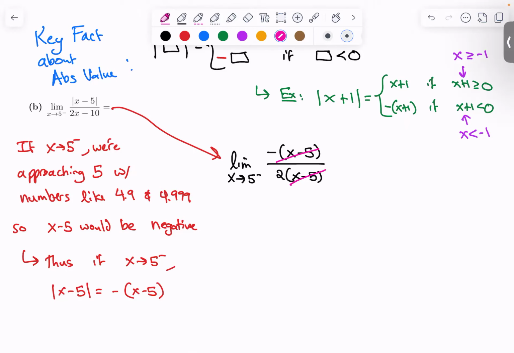So as such, I tack on an extra negative to account for that, and I've dropped the absolute value symbols. That's me evaluating the absolute value. And now that it's a factor and not an absolute value, it can cancel with the denominator, resulting in the limit as x approaches 5 from the left of negative 1/2, which is negative 1/2.